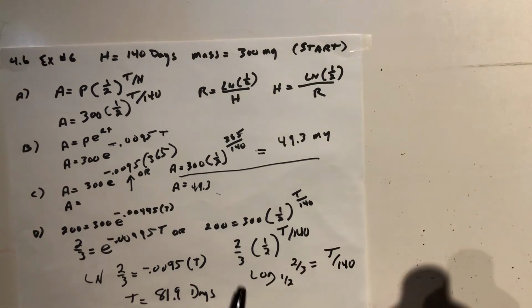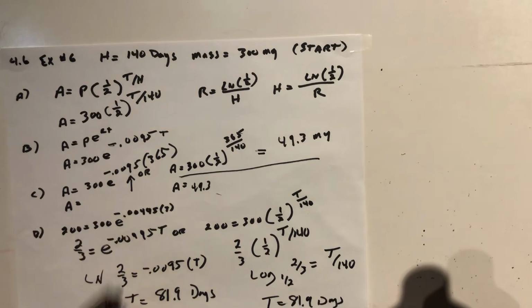So do this on your calculator. Hit log, put a half in the small box, 2/3 in the big box, and then multiply by 140. And you should also get 81.9 days. On the test, you can use either one. You can use PERT or you can use half-life. But on the homework, they wanted you to do both of them.